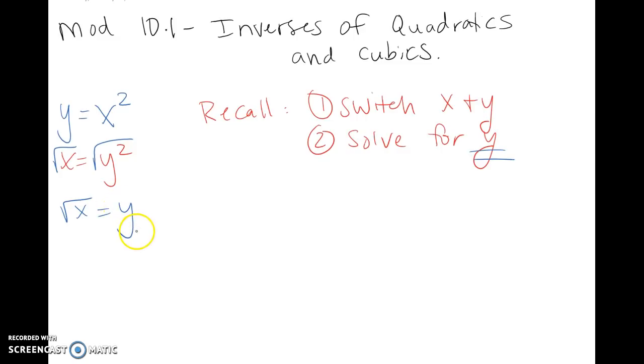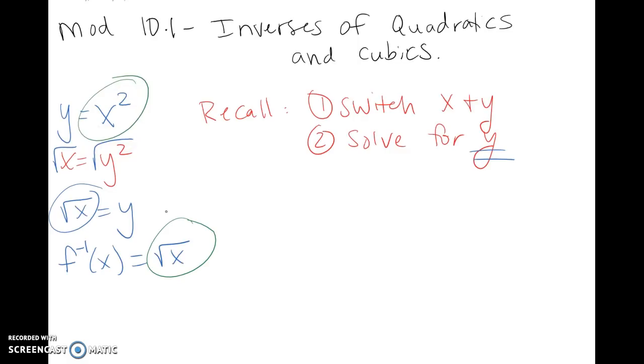And another way that we can write this is that the inverse function is equal to the square root of x. So what we have is that x squared and the square root of x are inverses.